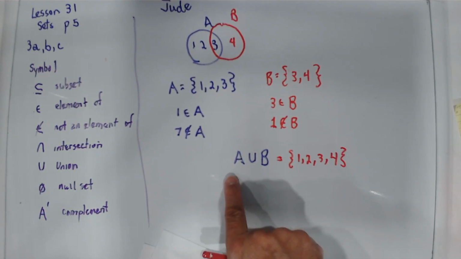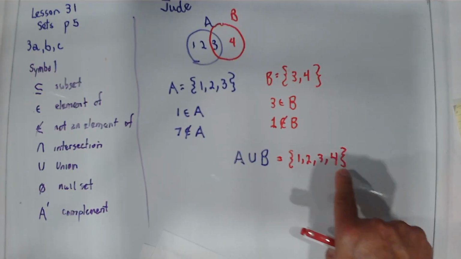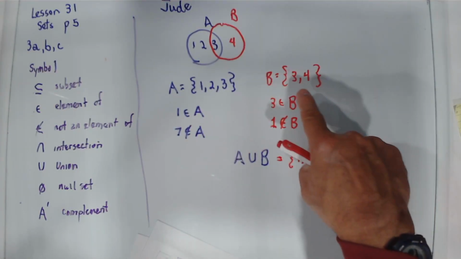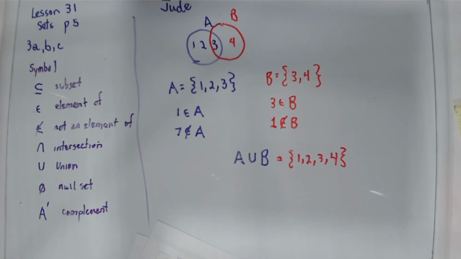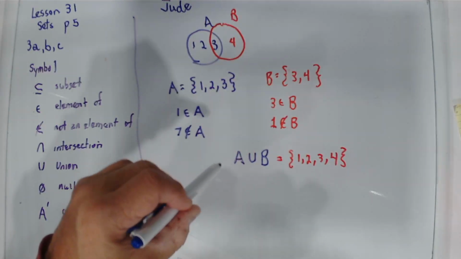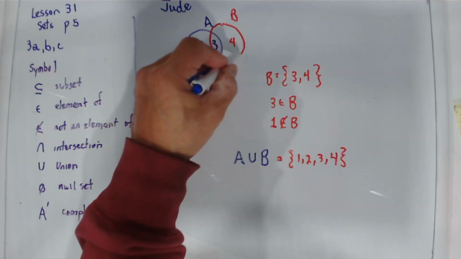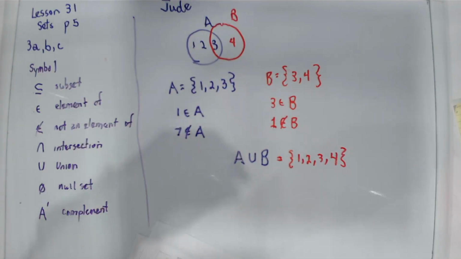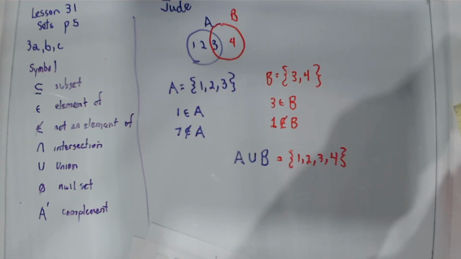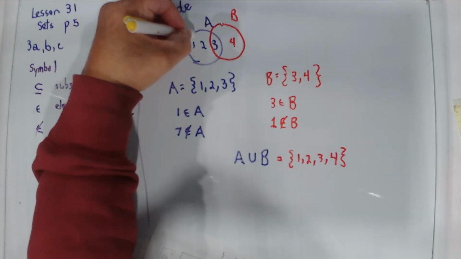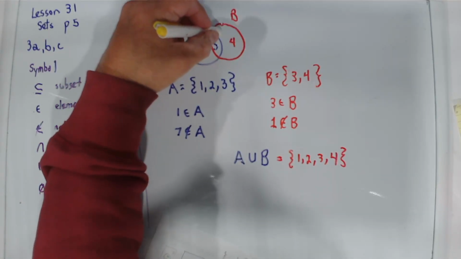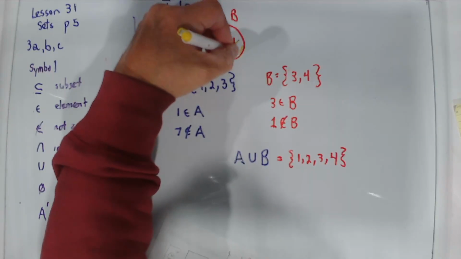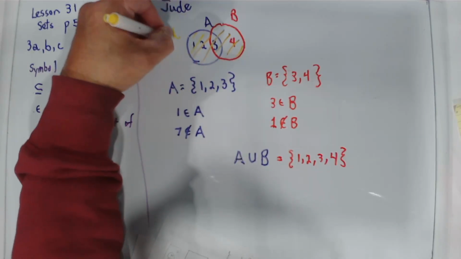Okay, so A union B means I just combine the elements in A with the elements of B. Okay, so that makes sense. So when we do the union, it's gonna look like I combined all of those, and I'm gonna highlight that in yellow. So all this is a union.